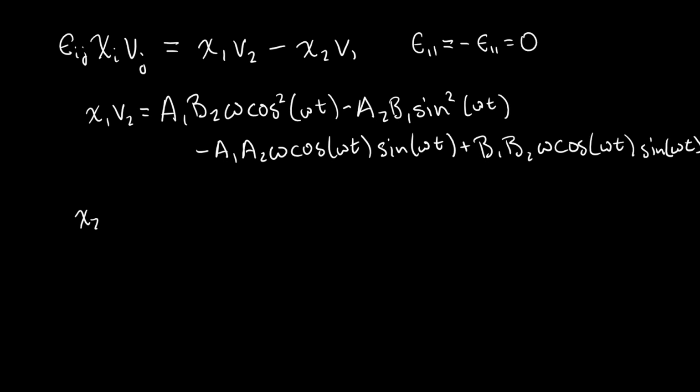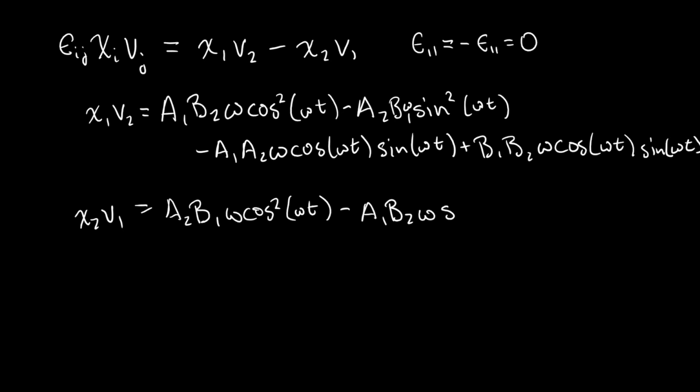And similar for x2, v1, we get something like a2, b1, omega cosine squared omega t, minus a1, b2, oh, there should be an omega living in here, omega sine squared omega t, minus the same thing.